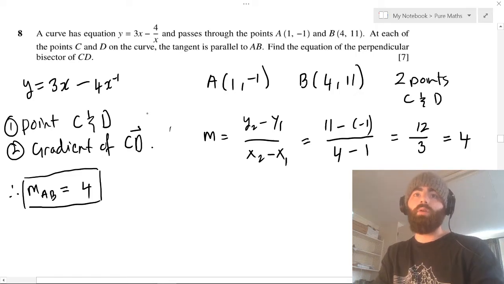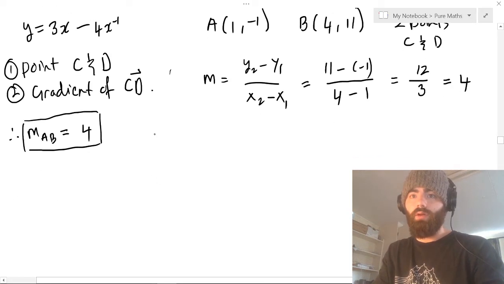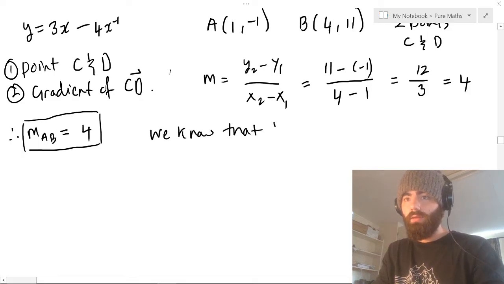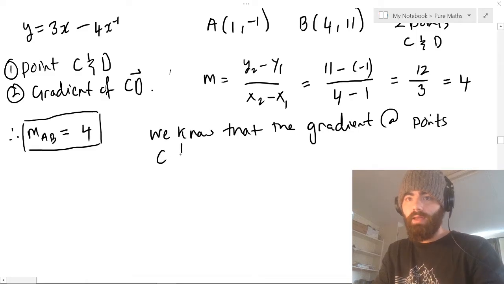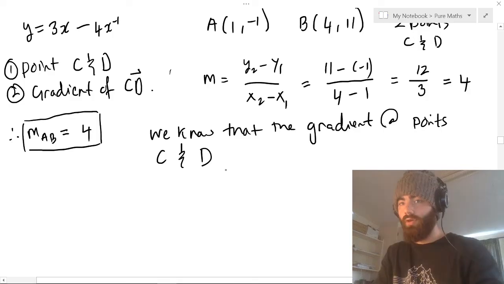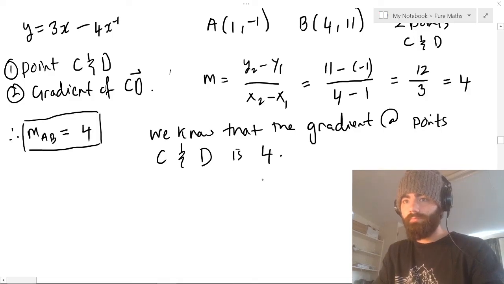So therefore we can then find the points C and D, because we know that the gradient at points C and D, which remember lie on the curve, is 4.